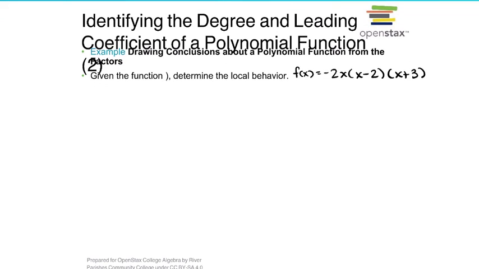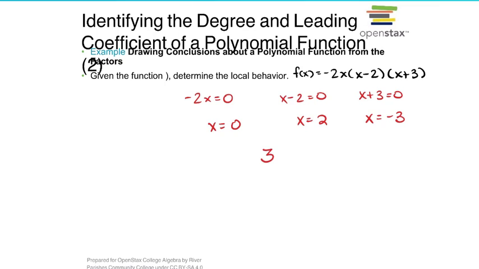Alright, so drawing conclusions about polynomial functions from the factors. Given the function, determine the local behavior. To find the x-intercepts, I would set 2x equal to 0, x minus 2 equal to 0, and x plus 3 equal to 0. And I would get x equals 0, x equals 2, x equals negative 3. That means I have 3 x-intercepts.